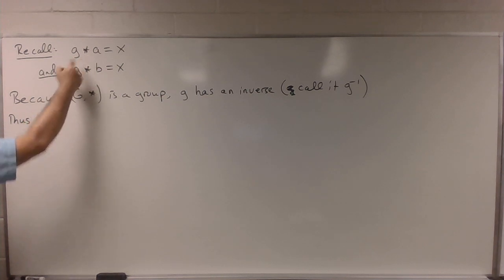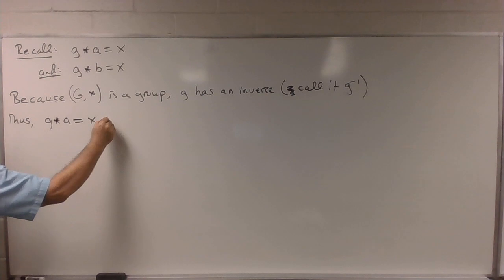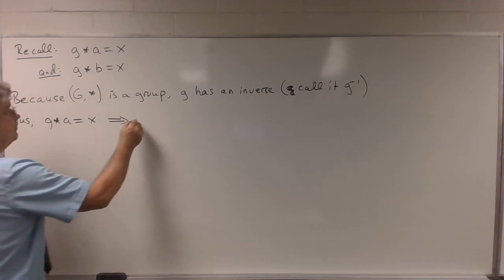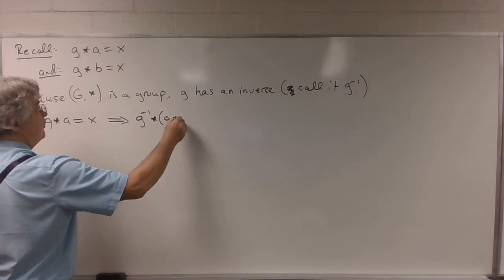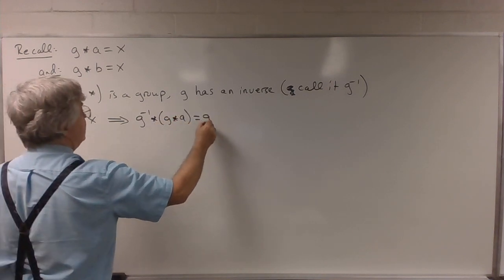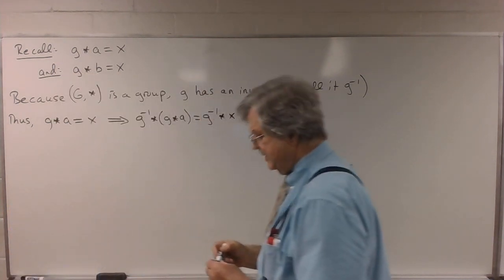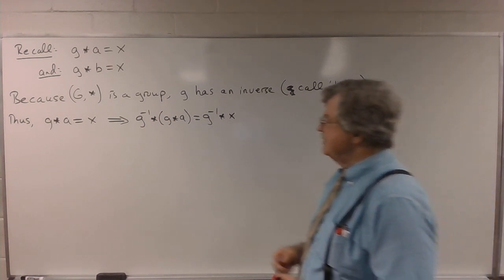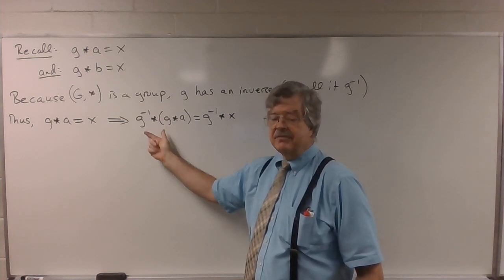So let's take the first equation, G star A equals X. I'm going to multiply both sides by the inverse of G. And then by associativity, I can choose to associate these two elements first.